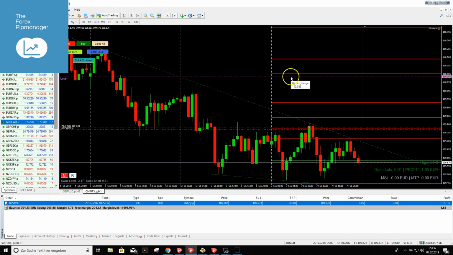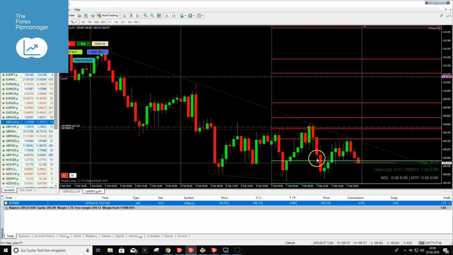And then I closed 90% of my trade around here because the price approached the opposite direction. So this is our buy level here. It was first tested here, and this was a retest.